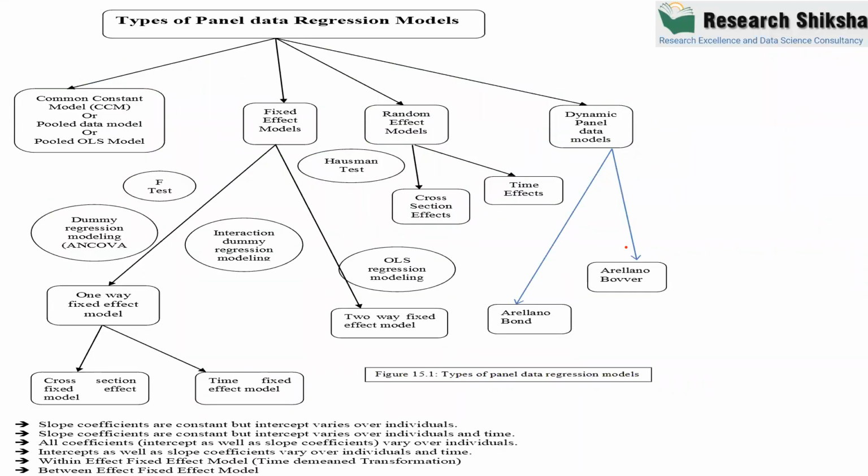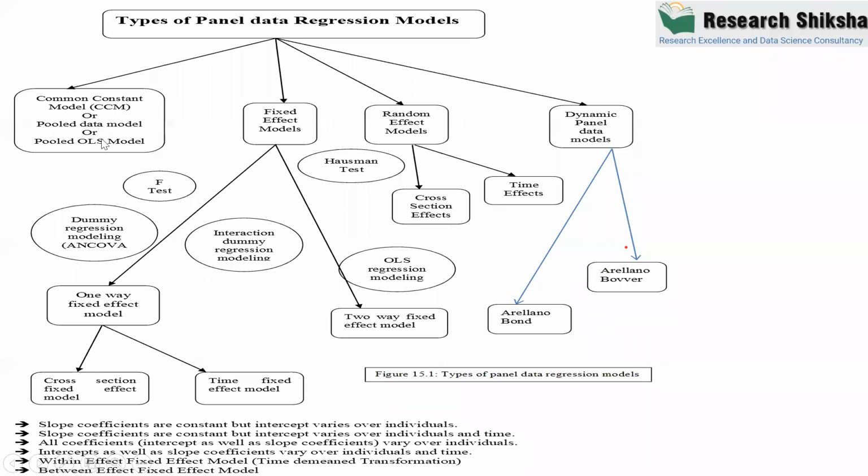Okay. Now, whenever we discuss panel data, let me tell you what we are going to discuss in this workshop. Just a basic concept: the first kind of model that we will study is the common constant model, which I will explain today.